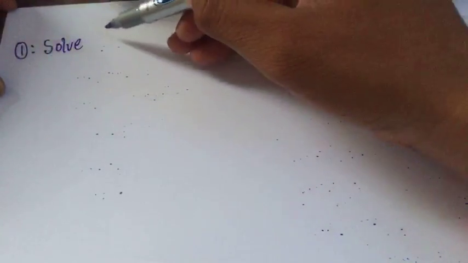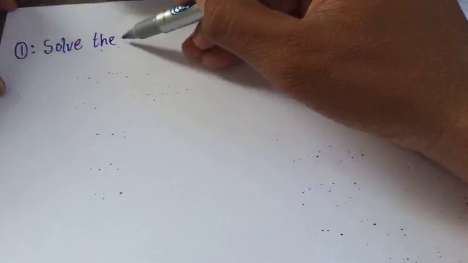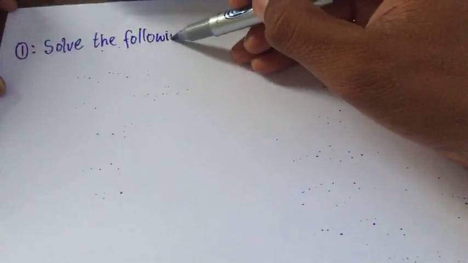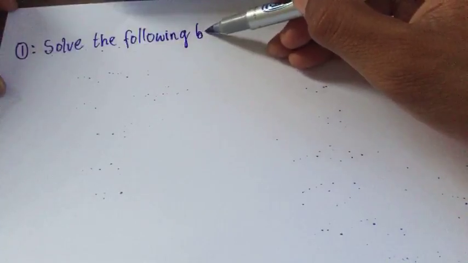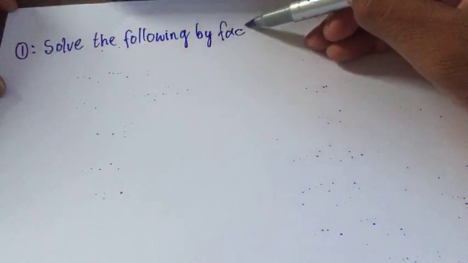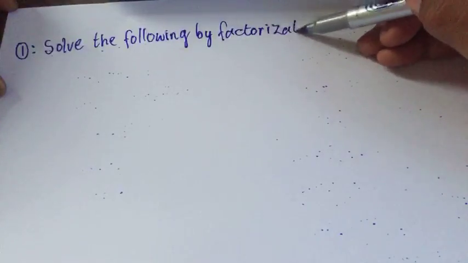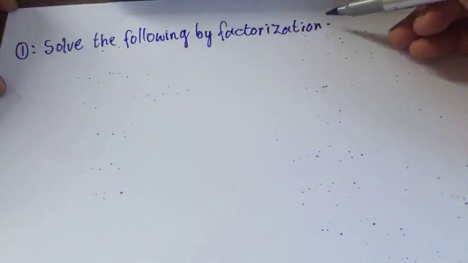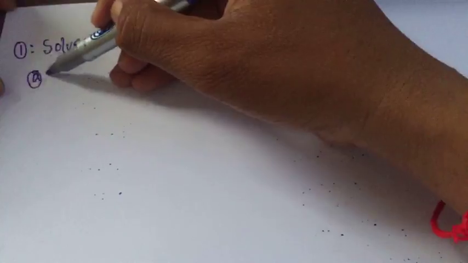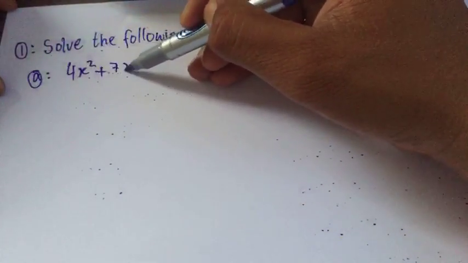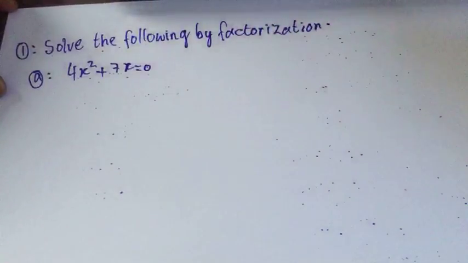Solve the following by factorization. The first one, A, is 4x squared plus 7x equals 0.